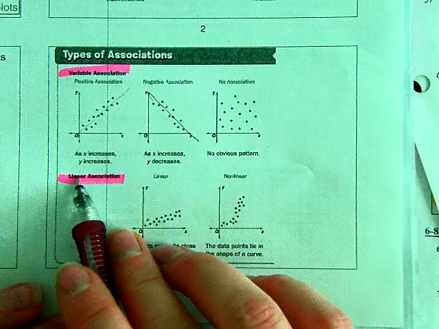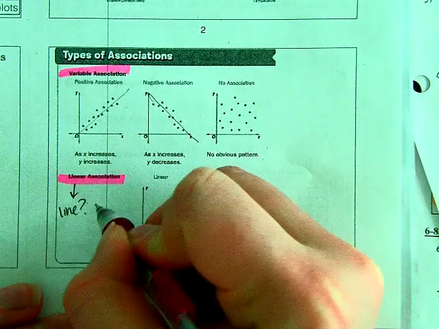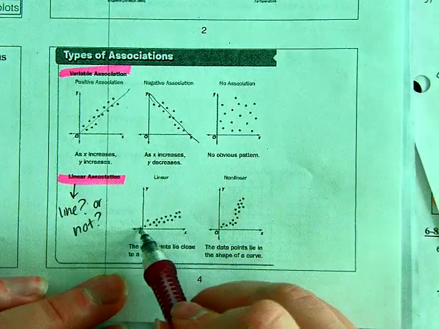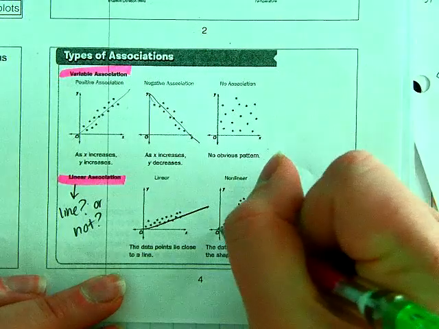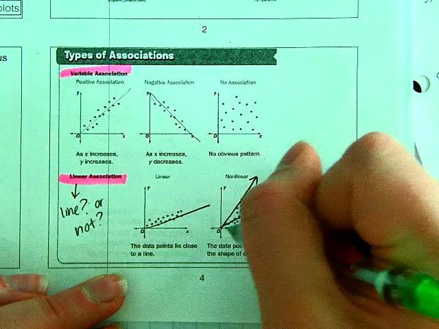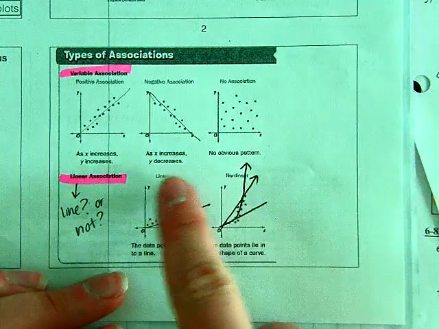Does it create a line or not? So linear would be line or not. So this one looks like we could put a line in there and it would go through most of those points. This one looks like if I tried to put a line there, it would miss them. If I tried to put a line there, it would miss them. This one looks more like a curve. So this would be nonlinear versus linear.